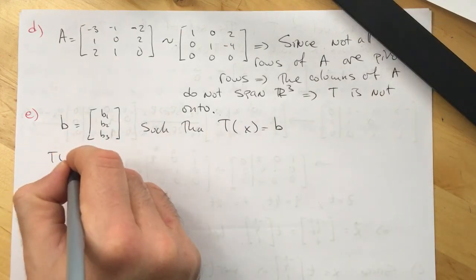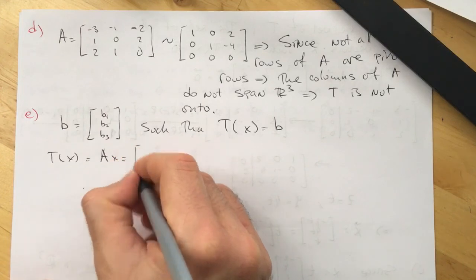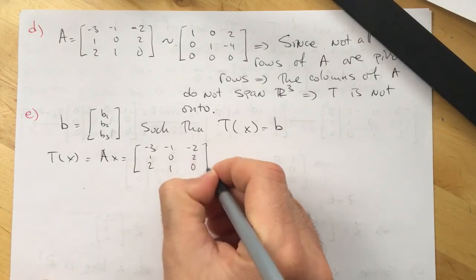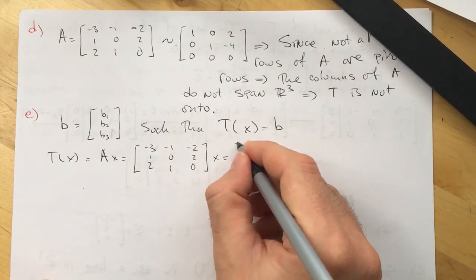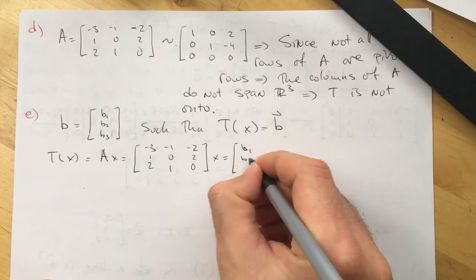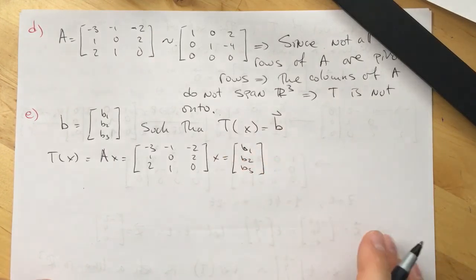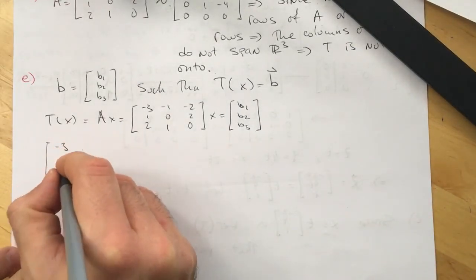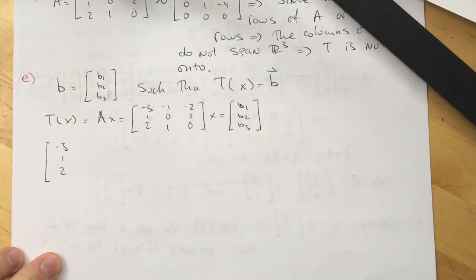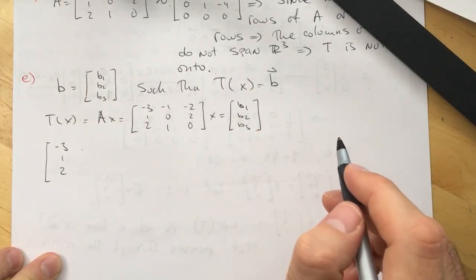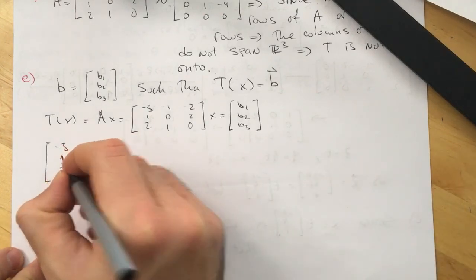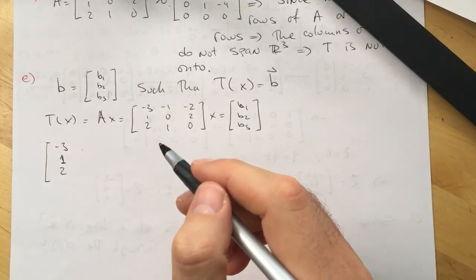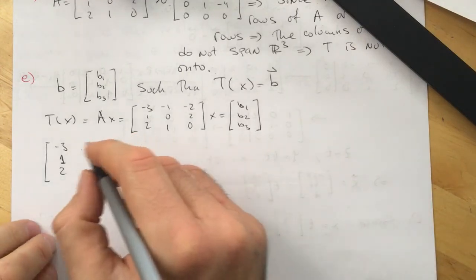Okay, but T of x is defined as A times x, which is equal to (-3, 1, 2), (-1, 0, 1), (-2, 2, 0), times x is equal to the vector b, which is b1, b2, b3. And now you have to find the entries of x. So again, you have a system. Here you will follow the same row operations as when you were row reducing the homogeneous system, so I will skip that part.